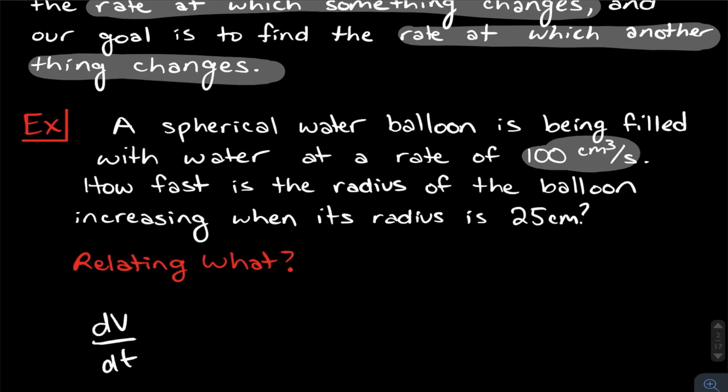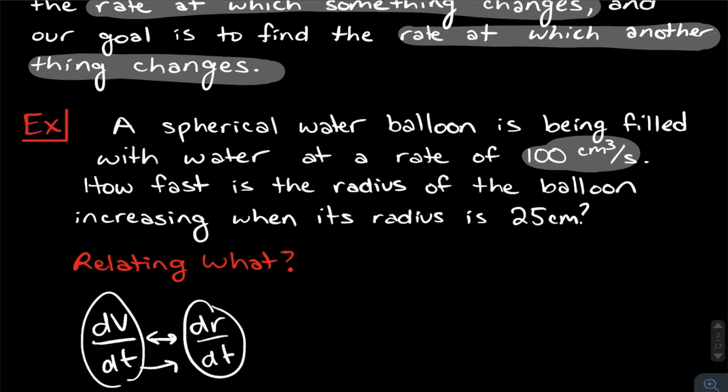So we're relating dV/dt to how fast the radius is increasing, and that is dr/dt. These are the two things that we want to relate. We have dV/dt, and now we want to come up with an equation, do some calculus, and come up with what dr/dt is going to be. All right, so that's the idea with related rates, okay?